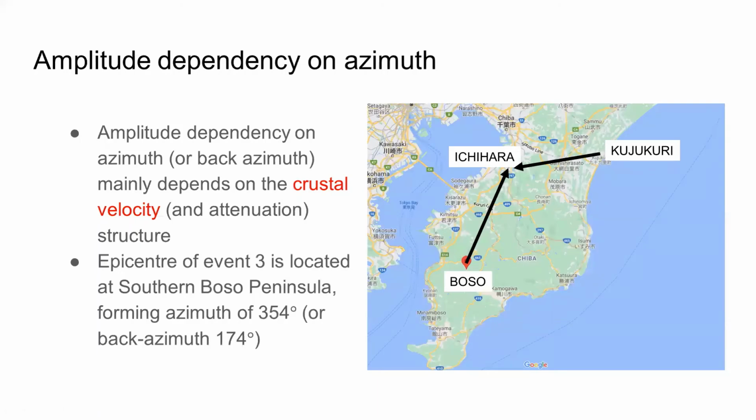So amplitude depends not only on distance, depth or magnitude, but clearly and strongly on the azimuth, because the Earth is very heterogeneous. There is crustal velocity heterogeneity and attenuation. So when we install our DAS to study earthquakes, we also have to study the crustal velocity and the attenuation structure.